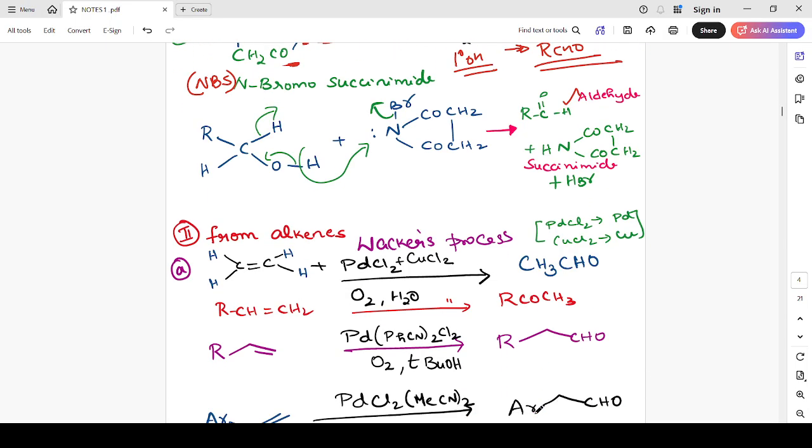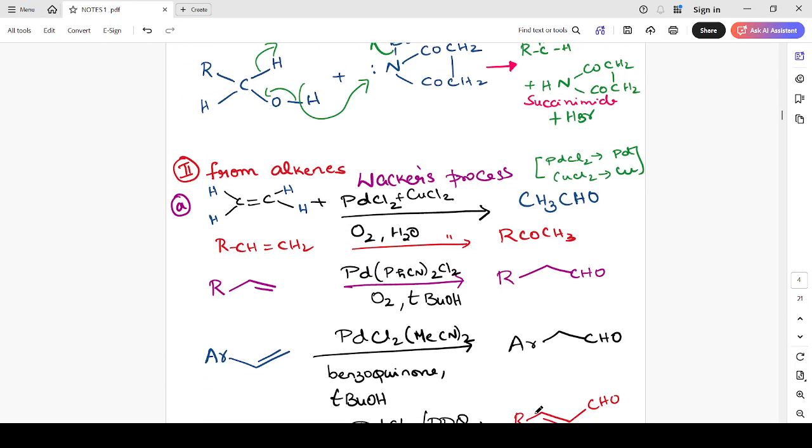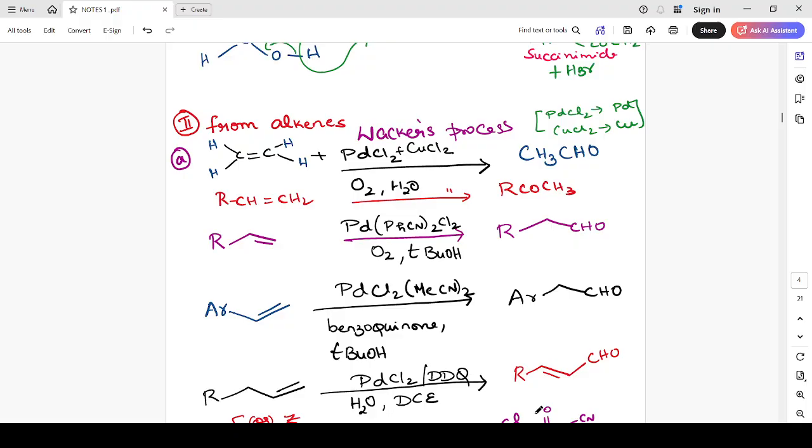Yes. The next reaction, very popular reaction. We will have a glimpse of this reaction even in d and f block elements once we start the chapter. For the catalyst purpose, the process is called Wacker's process, where you convert an alkene into a carbonyl compound.